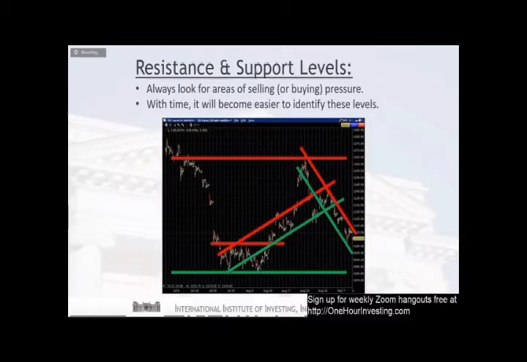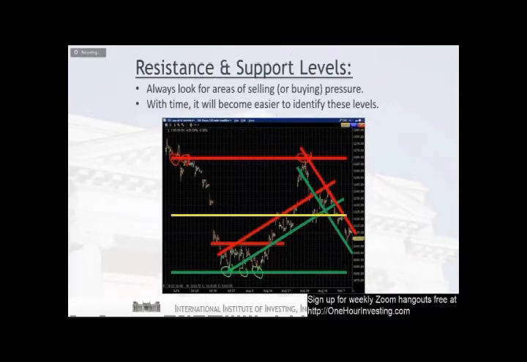And what I do when I draw them, just to make sure that I drew them correctly, is I draw a line in the middle. And why is that? We've got the resistance. Why? Because on the resistance, how many times did the price touch the resistance? Like once, twice, 3 times. How many times did the line touch the support? Once, maybe twice, 3 times.